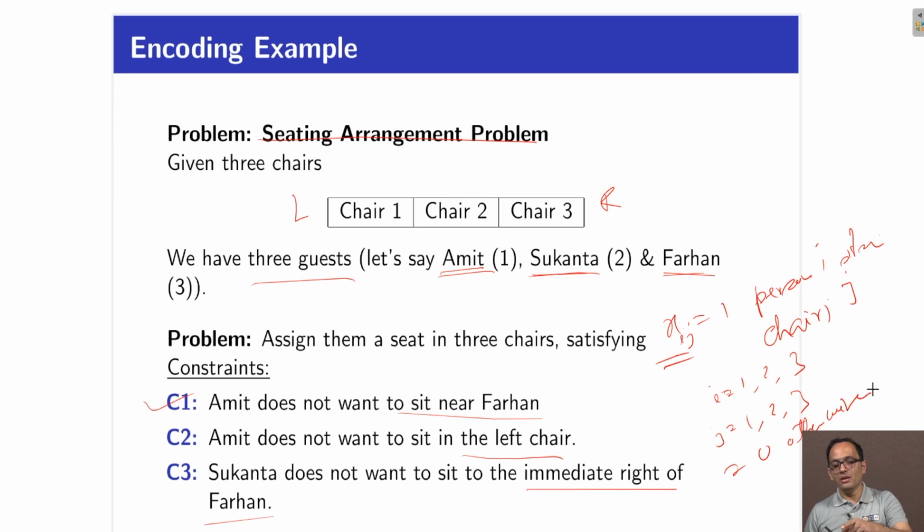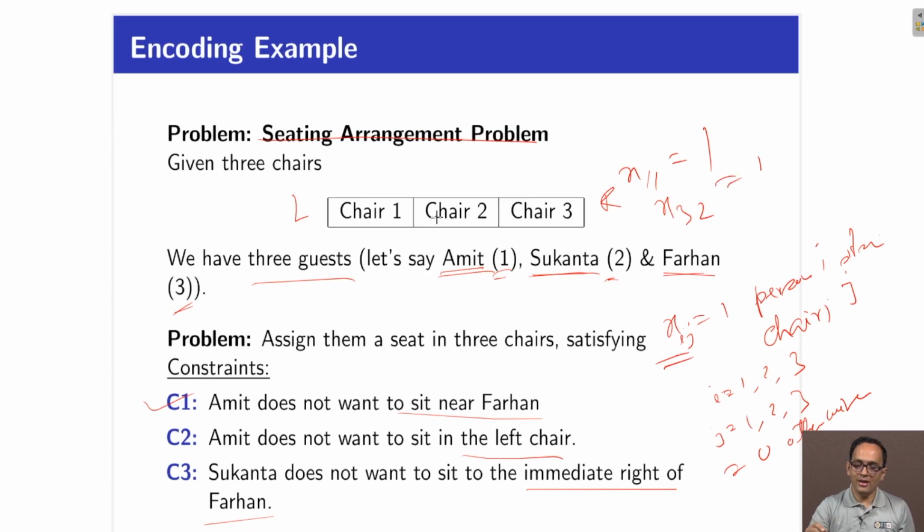What does it mean? Let us say x 1 1 equal to 1, it means Amit sits in chair 1, because I assume Amit is 1, Sukant is 2, Farhan is 3. If x 3 2, what does it mean? Farhan sits in chair 2.